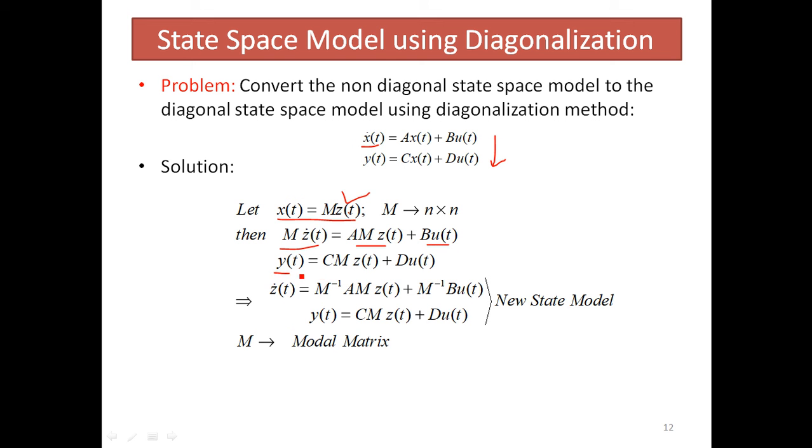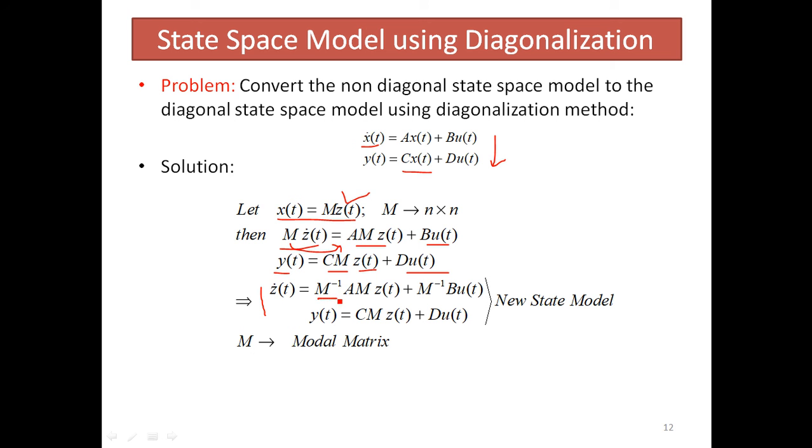Similarly, y(t) equal to C x(t), and x(t) we have assumed as M z(t), so it would be C M z(t) plus D u(t). So in this way, you get a new state model, that is z dot t equal to M inverse A M z(t) plus M inverse B u(t), taking M from left to right.